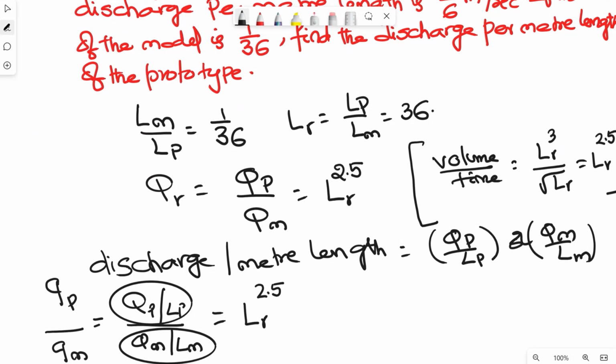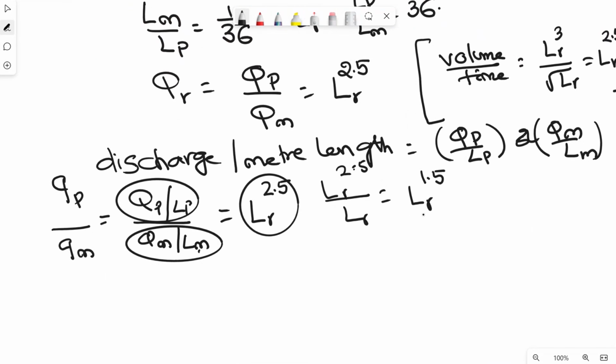Why Lr to the power of 1.5? Qp by Qm is equal to Lr to the power of 2.5.